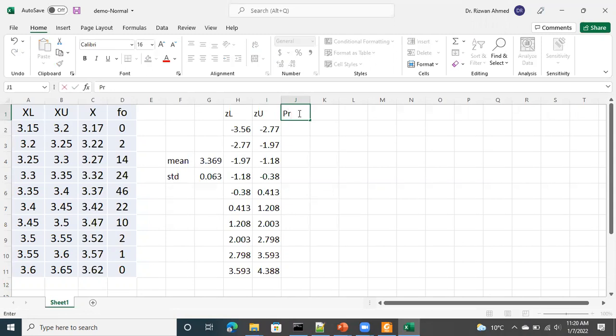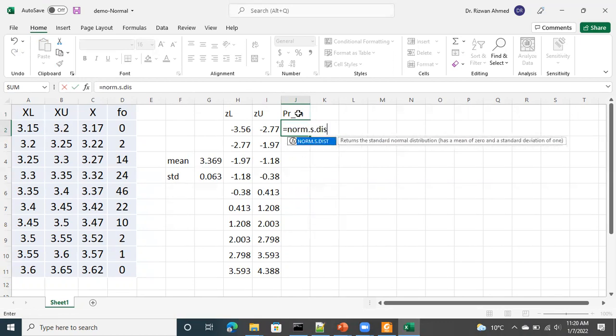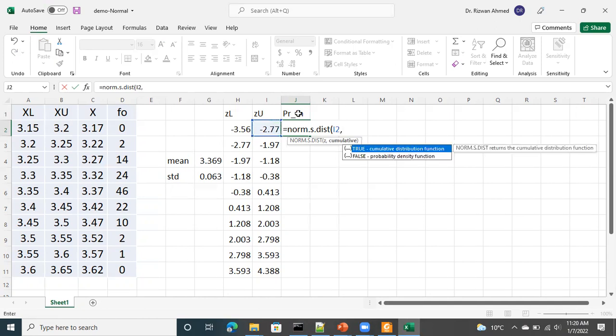So I will say probability, and I set it to theoretical. Instead of using a table, since I have the Microsoft Excel sheet, I'm going to use the function. Normal standard distribution, which I introduced yesterday. I provide the upper limit value and set the other parameter as true.